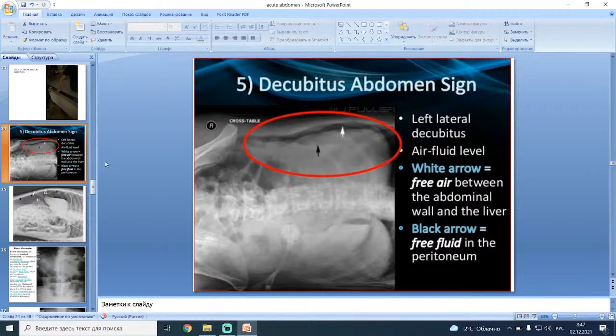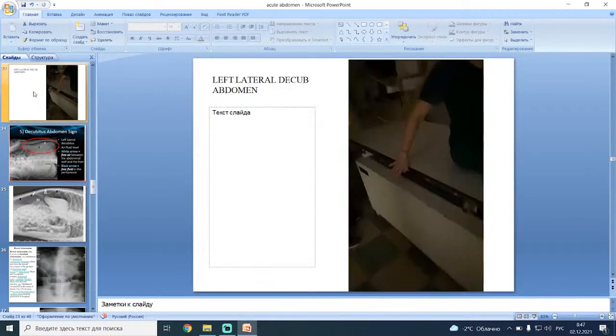These methods, upright and left lateral decubitus abdomen, help us to make the diagnosis.